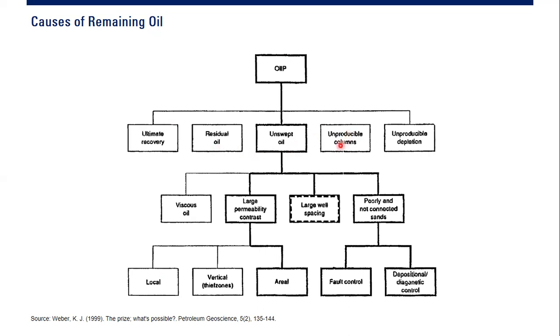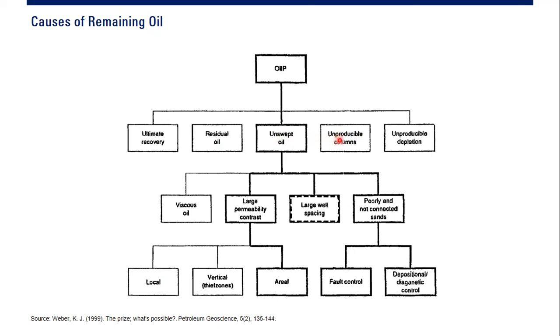And we also have here, based on Mr. Weber, unproducible column. Actually, if we want to know the definition of what unproducible column means, you need to go back to the paper. But we can sort of guess here. The difference between unswept oil and unproducible column is that unswept oil is there and we can actually produce it, but somehow because of pressure and heterogeneity, we cannot sweep that oil.